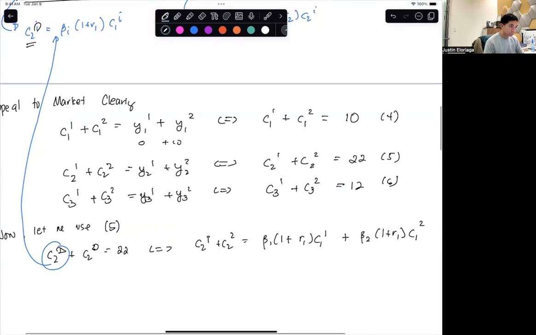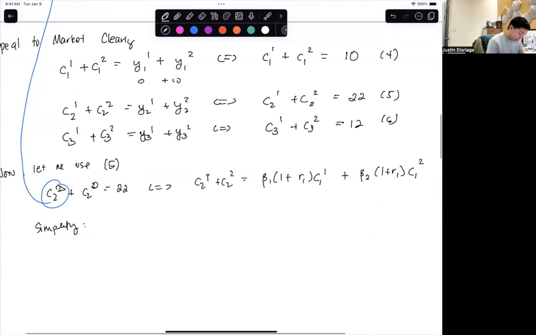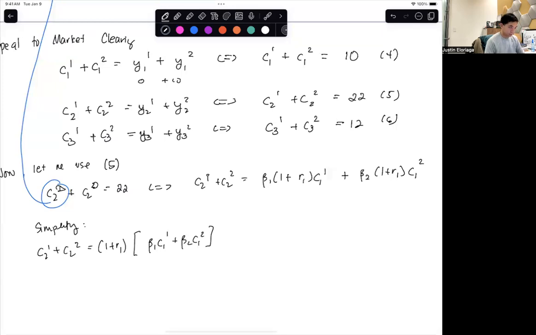Very straightforward. And if I simplify, I can get that C21 plus C22 is equal to 1 plus R1, since both of them have a 1 plus R1, times beta 1 C11 plus beta 2 C12. That implies further that C21 plus C22 is 1 plus R1 times beta 1, which is 0.98, C11 plus beta 2, which is 0.95, C12.